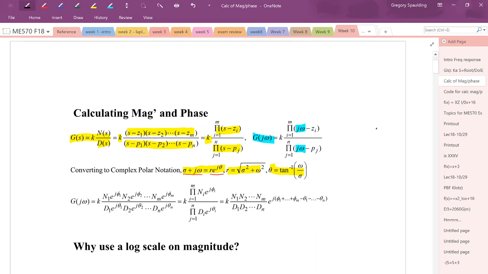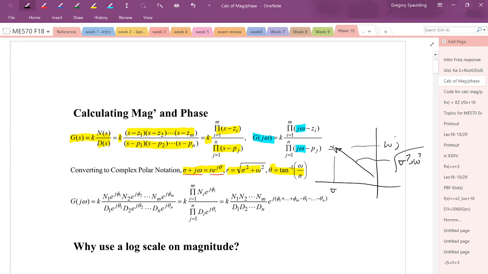If you think about it, we're just talking about a location here and a vector, and we've got a real portion, sigma, and then in this case, our omega j, and so this length in here is going to be the square root of sigma squared plus omega squared.